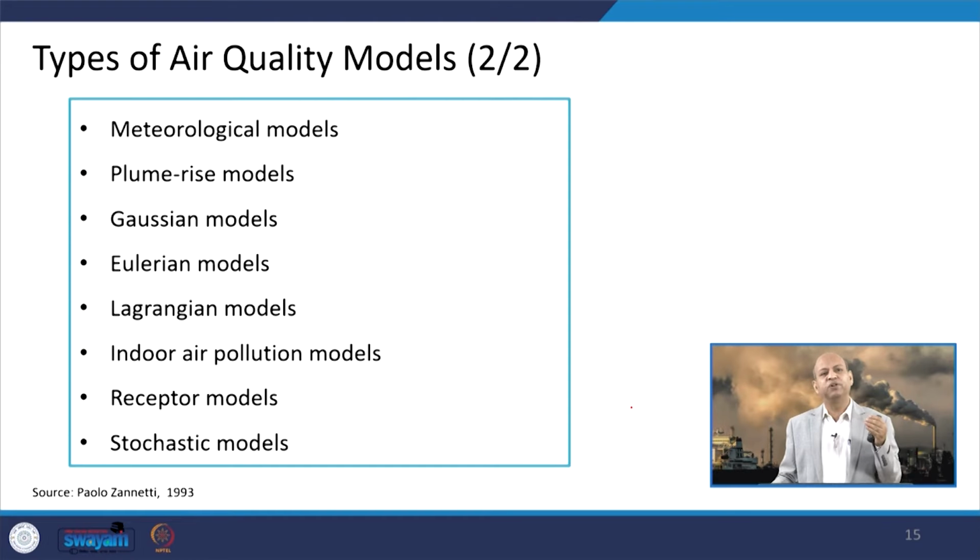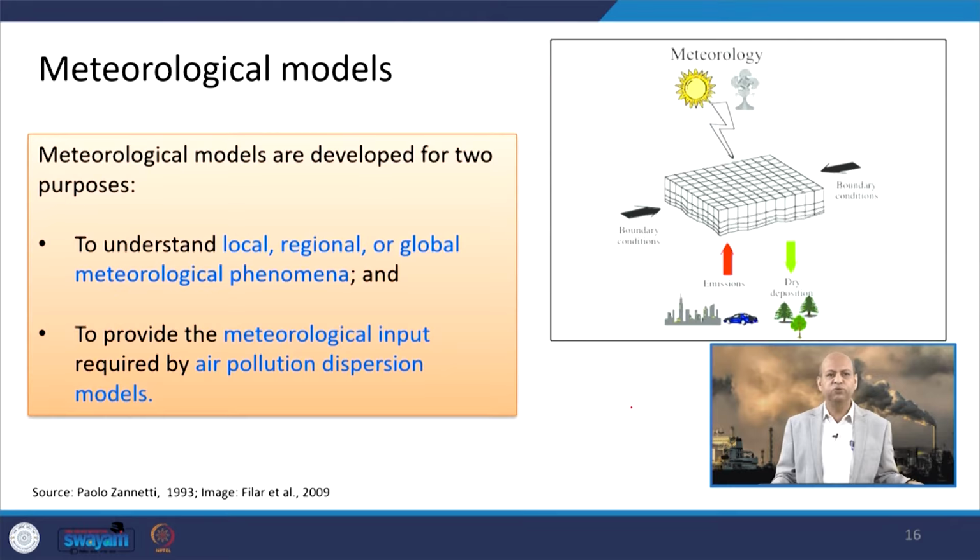So, micro environment related air pollution modeling techniques are also there, CFD, etc. Then receptor models may be there: what will be the impact at the particular location where the pollution is being received. Stochastic models may be there, statistical or so; those kinds of modeling techniques can also be used.